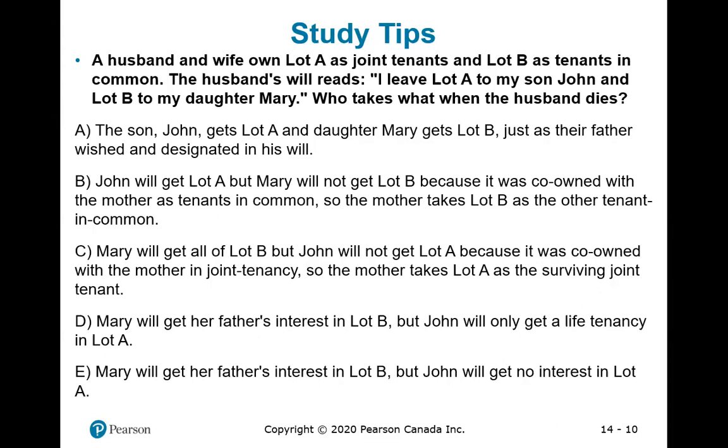Because I want to leave half of it to John, half of it to Mary. Then the lawyer would say, hey, then you have to change the way you own lot A, because as a joint tenant, you cannot. Does it make sense? But they cannot sue. There are no grounds. Yes, exactly. So John would probably be unhappy with his father, and maybe his father had the best intentions, but maybe did the wrong thing.